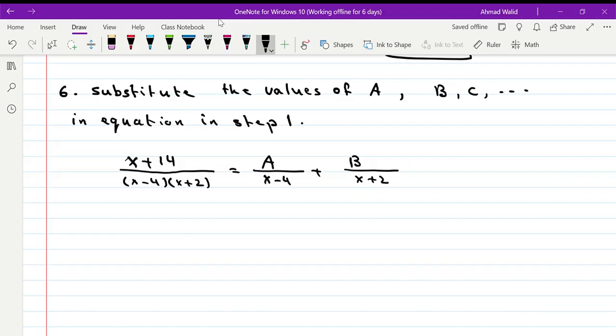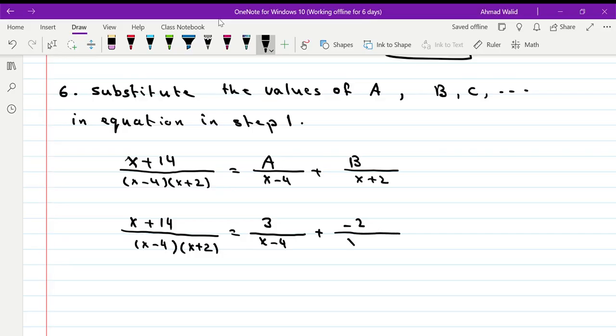That was your equation in step 1. Substitute the values of A and B in this equation. It means write x plus 14 over x minus 4 times x plus 2 equals, how much is A? 3 over x minus 4 plus, how much is B? We found that it was negative 2 over x plus 2.